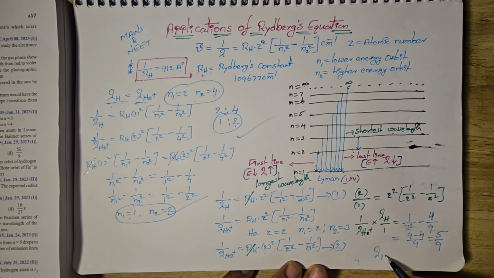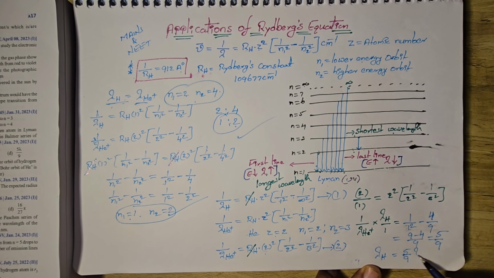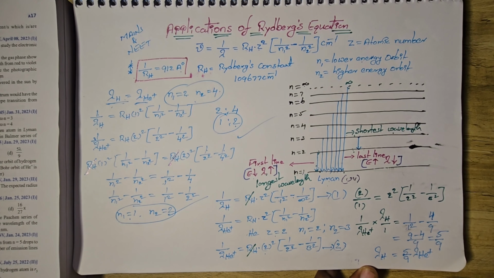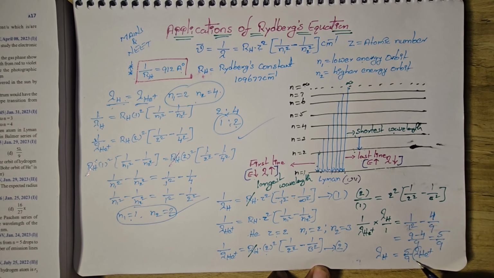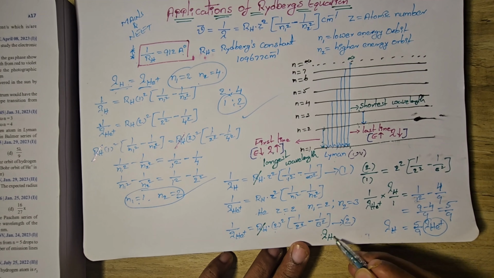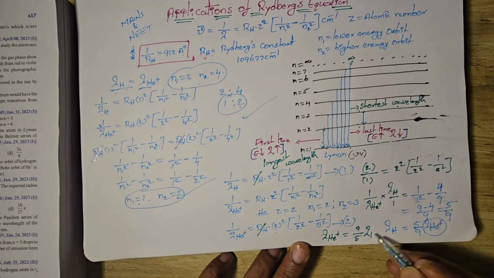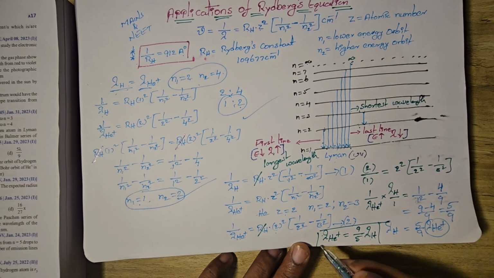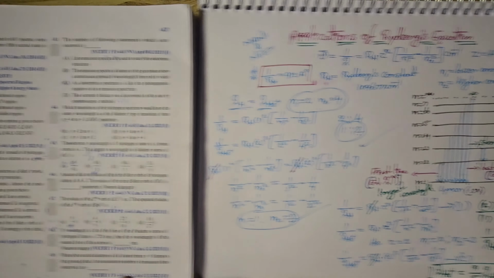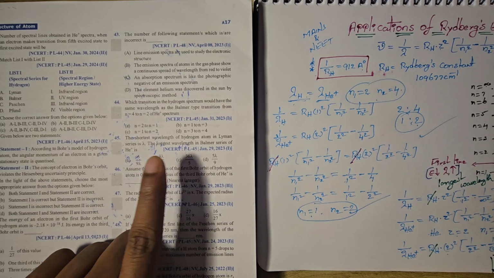So lambda H is equal to 5 by 9 times lambda helium plus. We are asked for lambda helium plus, so lambda helium plus is equal to 9 by 5 lambda H. This is the option.